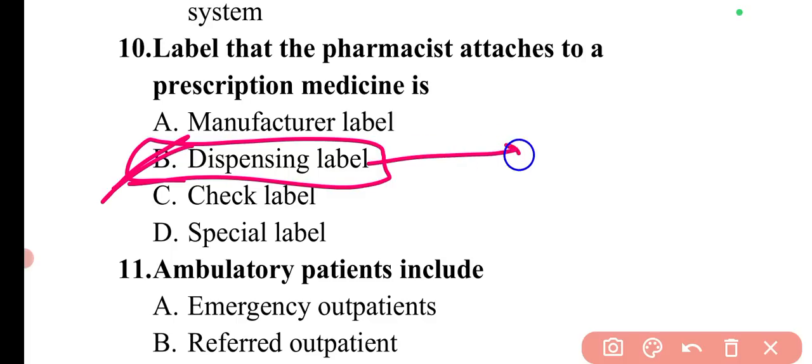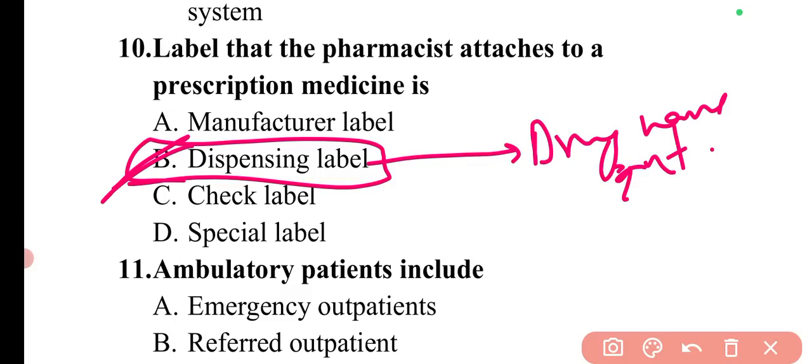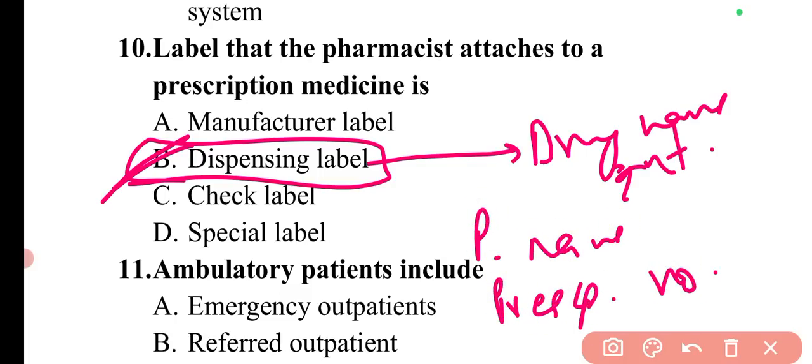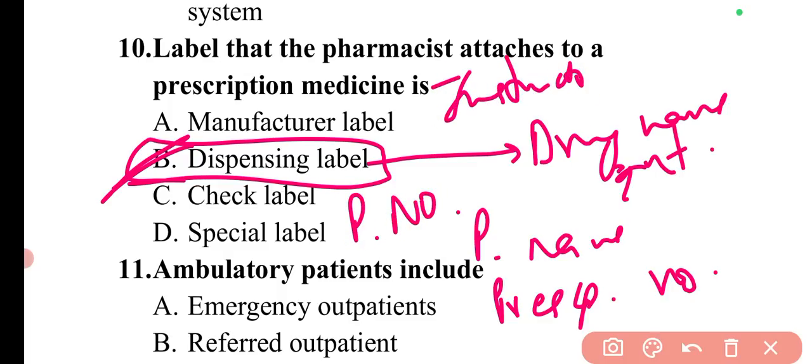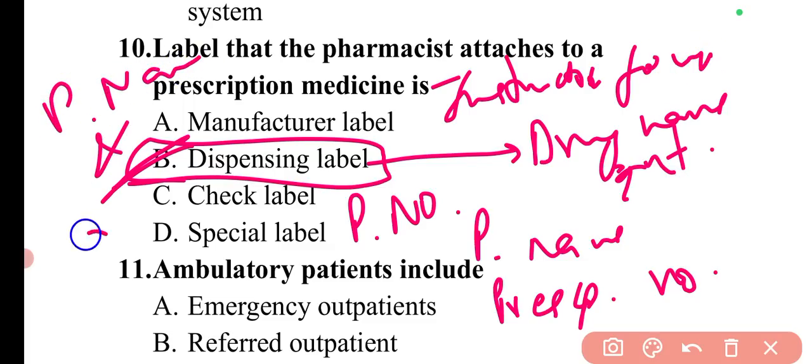And this dispensing label includes the drug name and the quantity, the patient's name, the prescription number, the phone number, the instructions for use, and also the pharmacy name and address. So these are the different pieces of information given in the dispensing label.